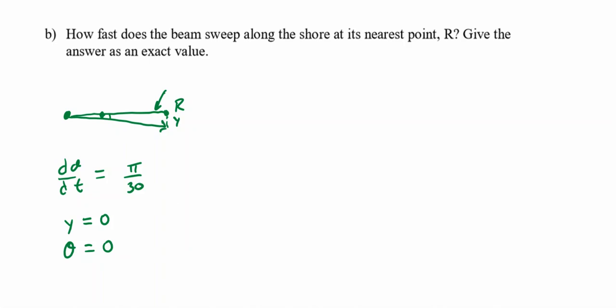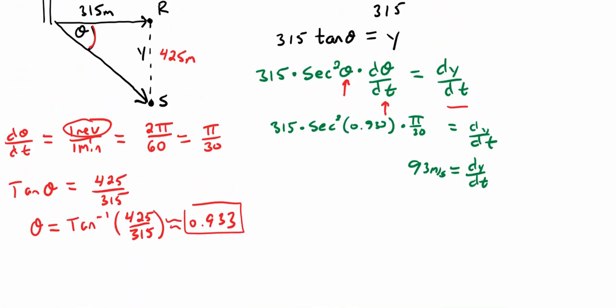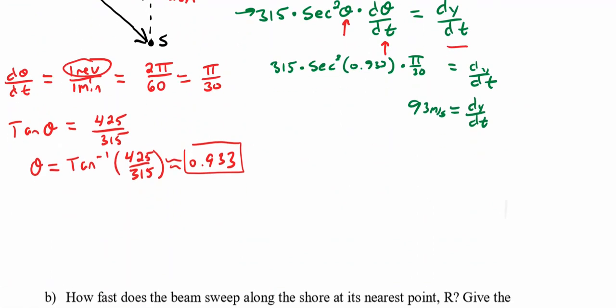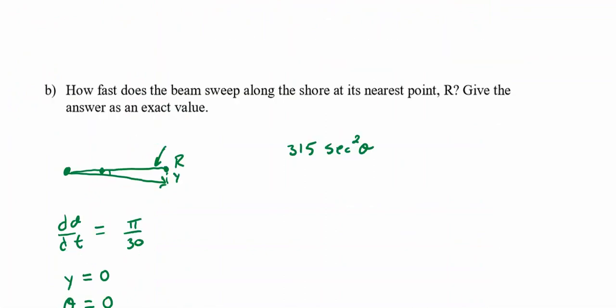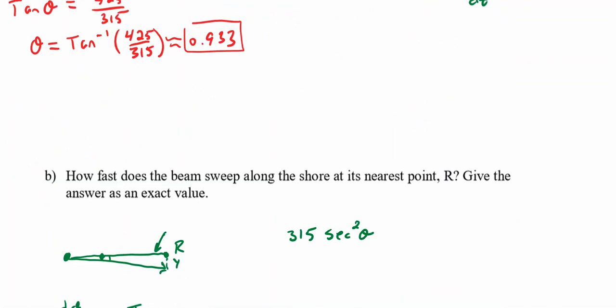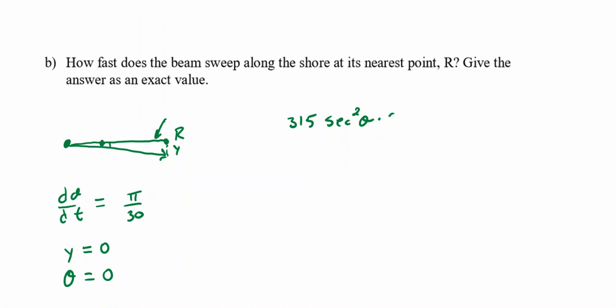So then, again, we could just go to our equation that we had, right after we derived. So 315 secant squared theta, and then d theta dt. Okay, and then we can just fill in what we know.